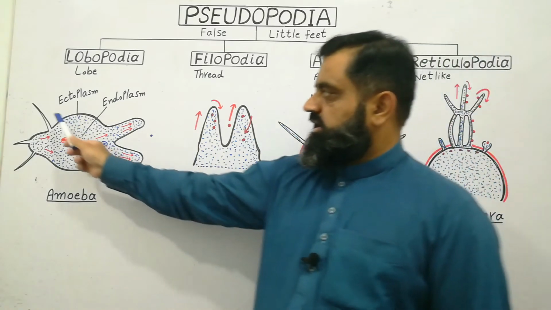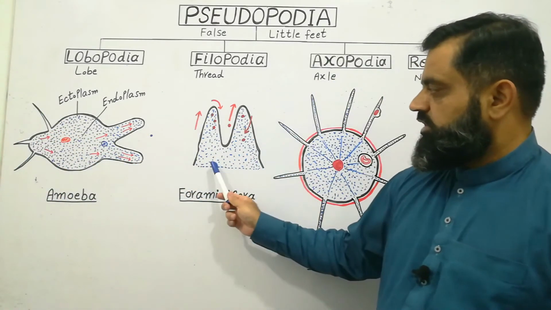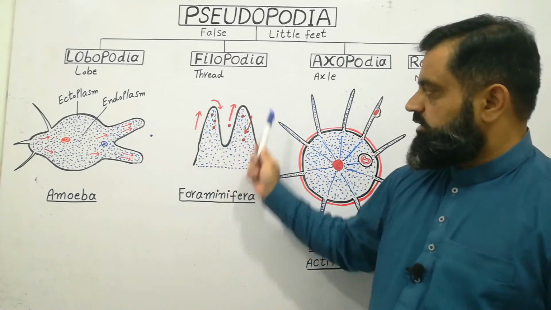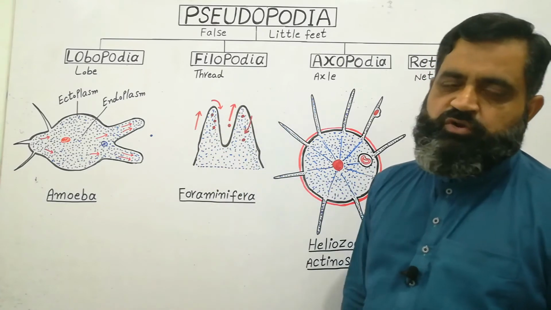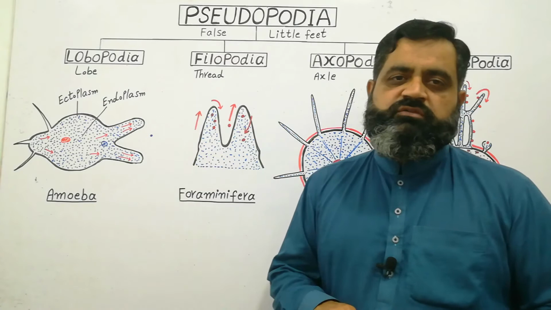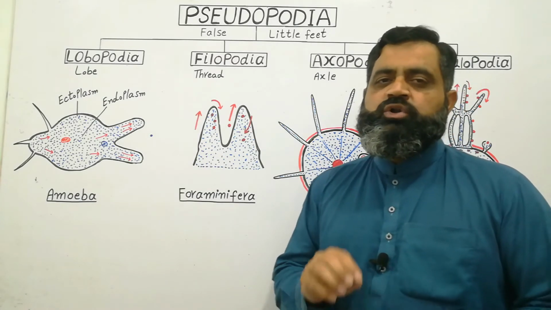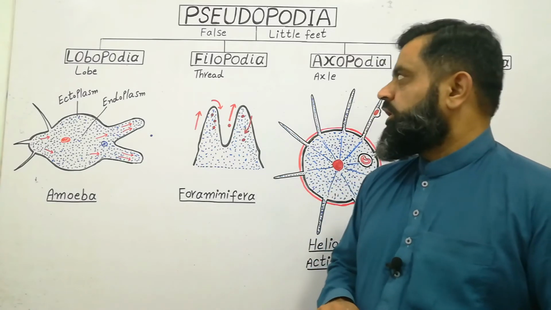Usually they have thread-like pseudopodia, as you can see in this diagram. I have enlarged it to show the detail. These thread-like pseudopodia are known as Filopodia. These Filopodia are only involved in feeding, and only the ectoplasm of the body is involved in the formation of Filopodia.